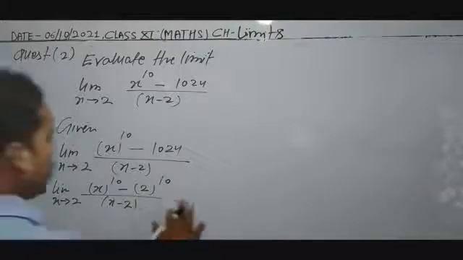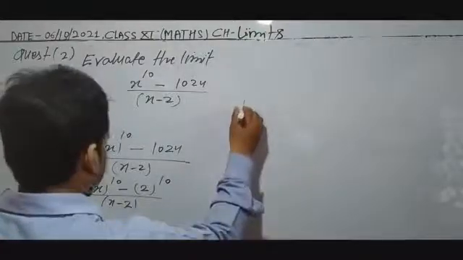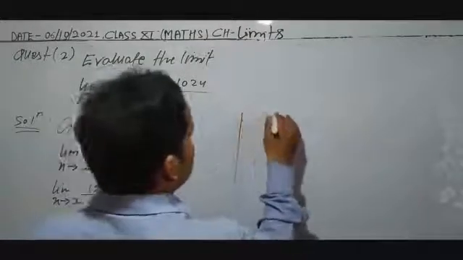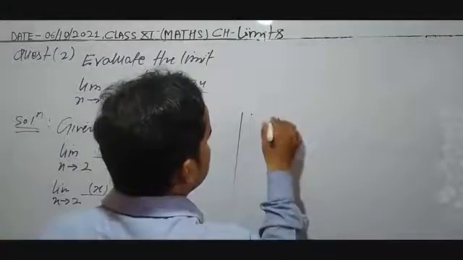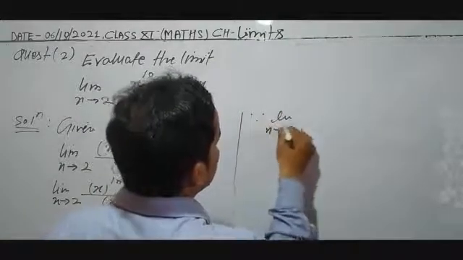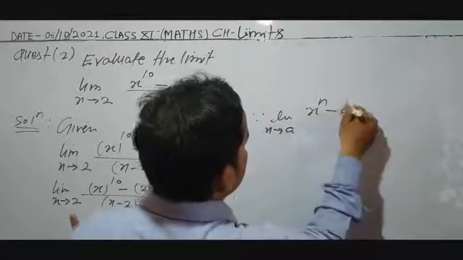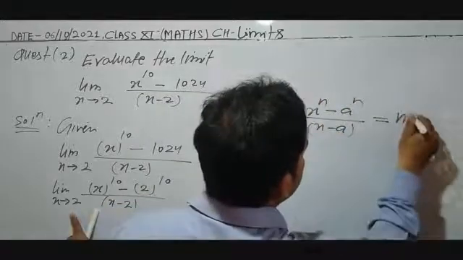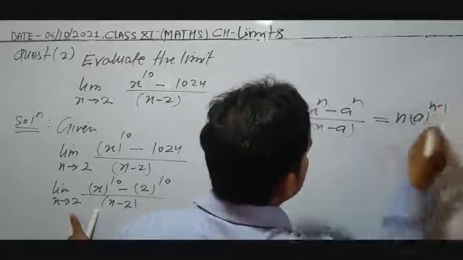And now this is the formula: limit x tends to a, (x to the power n minus a to the power n) whole upon (x minus a), result is n times a to the power n minus 1.